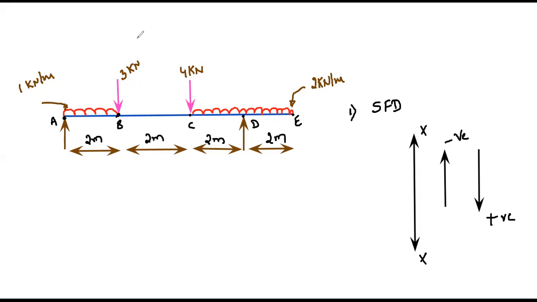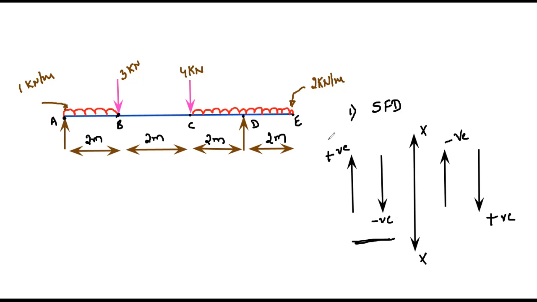In the last video, we considered upward acting forces as positive and downward acting forces as negative, when we considered from the left side, from point A. If you consider forces and moments from the left side, you go with that sign convention.